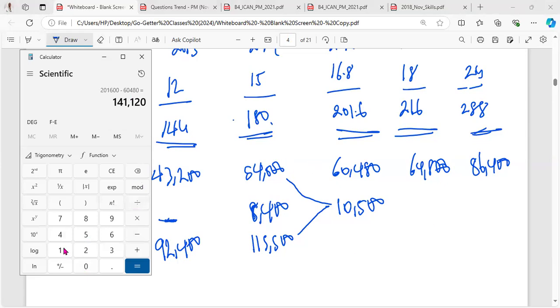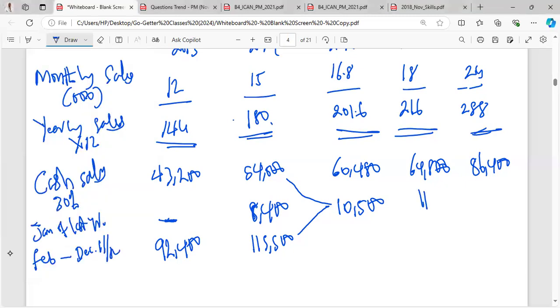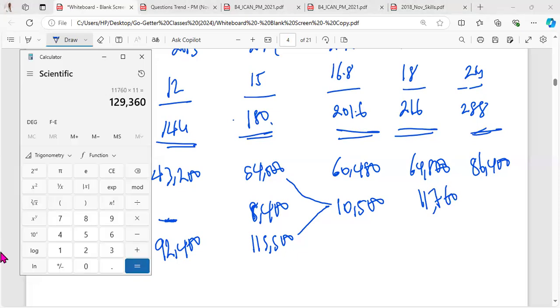If we divide it by 12, we'll find the one that has not been collected, which is collected next year, 11,760. If we were to multiply this by 11, we will see the ones that we've collected this year, 129,360.